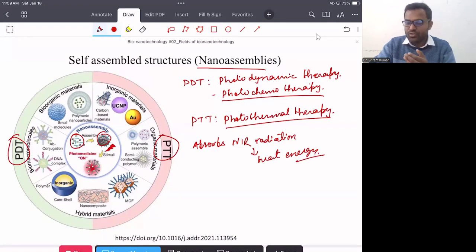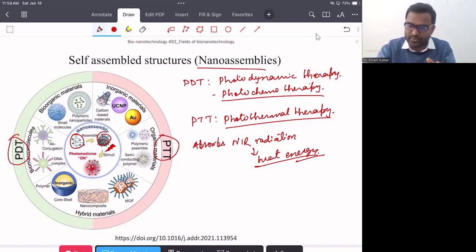So in PTT, the assembly absorbs near-IR radiation, and that gives localized heat energy, that is thermal energy. Based on that heat or thermal energy, it has the capability to kill the surrounding cells. It has a huge application in cancer treatment.